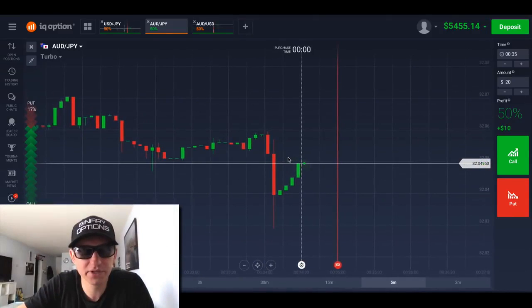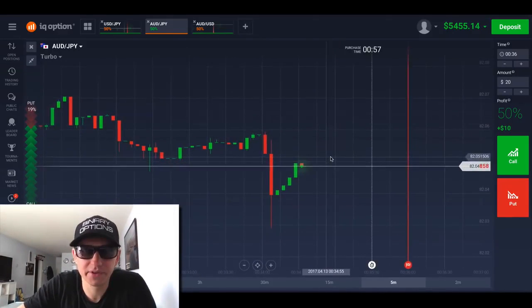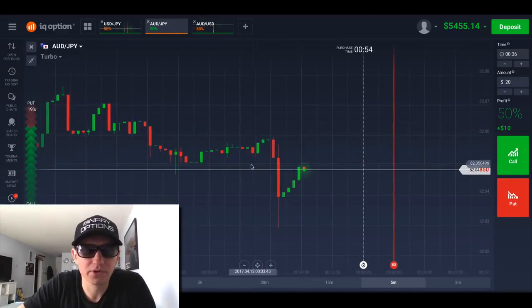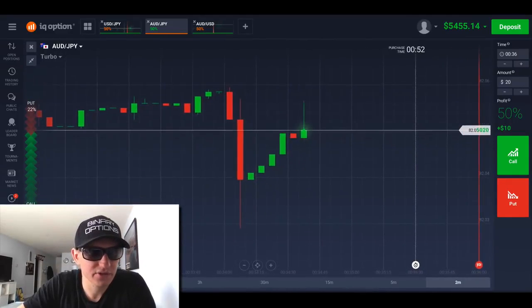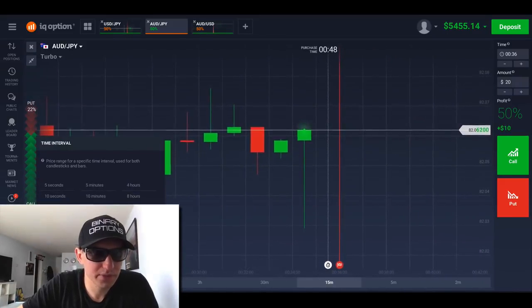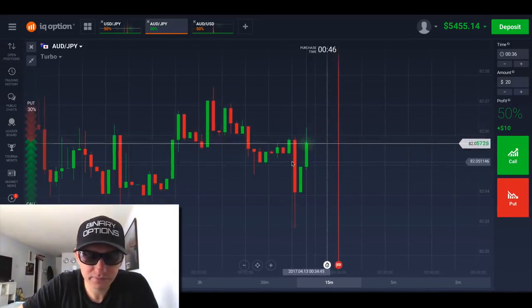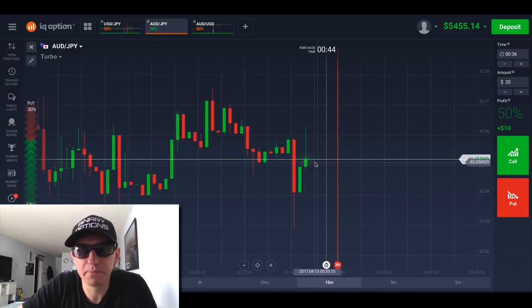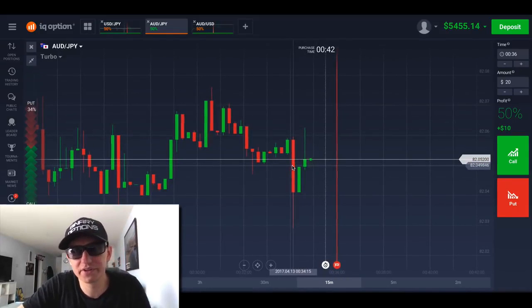So for the newbies, I know that there are some people over there that don't know what those candlesticks mean. So basically, if I switch to the 1 minute interval, each of these candles shows the period of 1 minute.